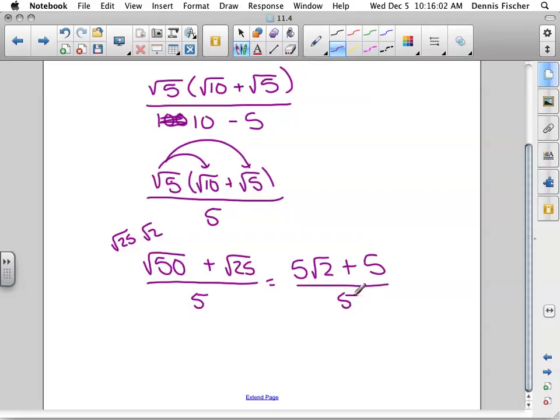Now what goes into all three terms? Five, so you get to take 5 out of everything, 5 out of here, 5 out of here, and 5 out of here. Now this one's not gone, some people think that's gone. What I have left for our answer is the square root of 2 plus, and anything divided by itself is 1, so square root of 2 plus 1 is the final answer.